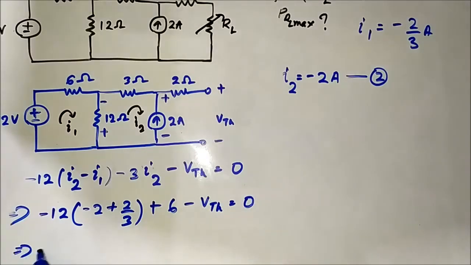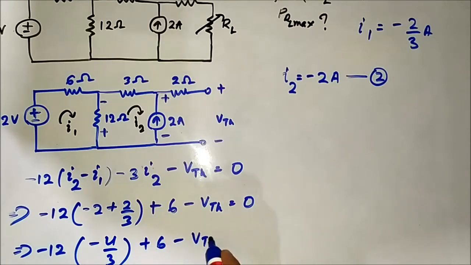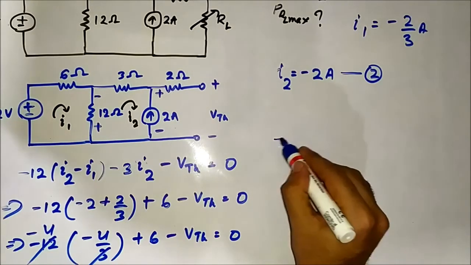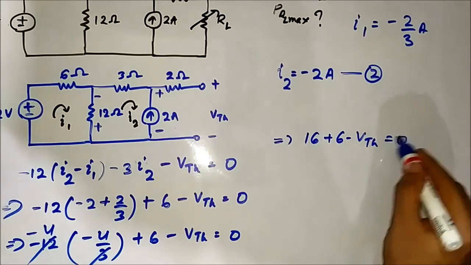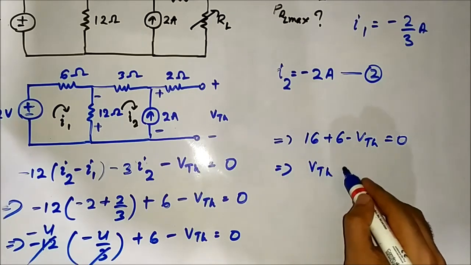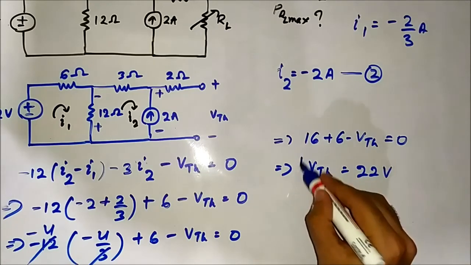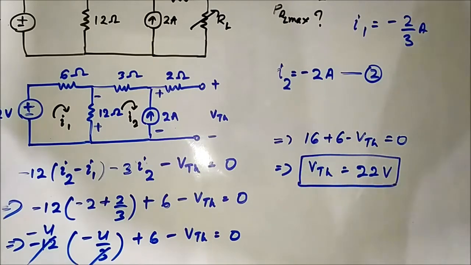So this will be minus 12 into minus 4 by 3, plus 6 minus VTH is equal to 0. This is 16 plus 6 minus VTH is equal to 0, that implies VTH is equal to 22 volt. So we have got VTH is equal to 22 volt.